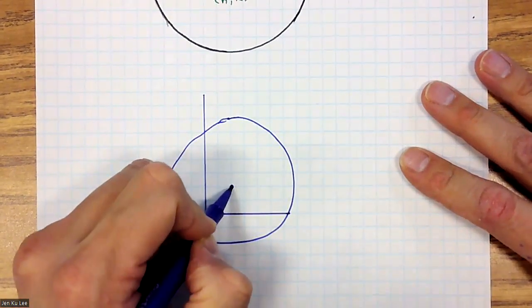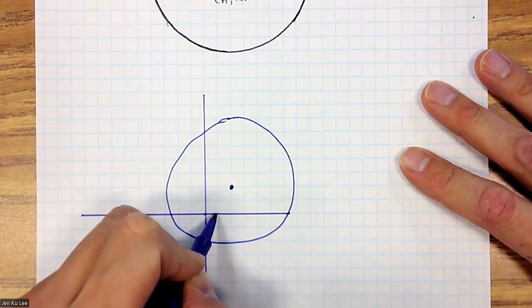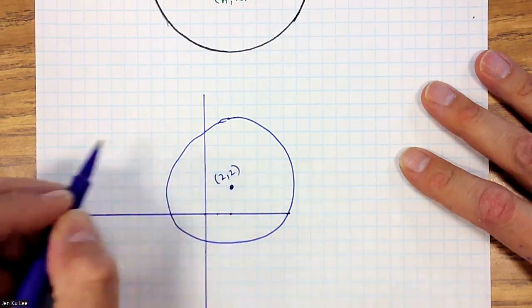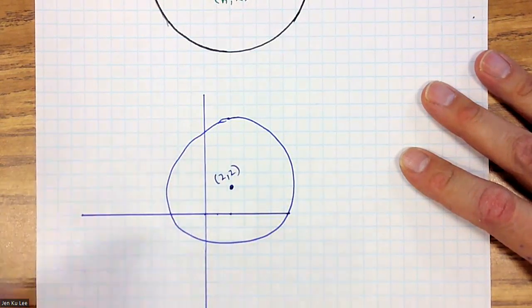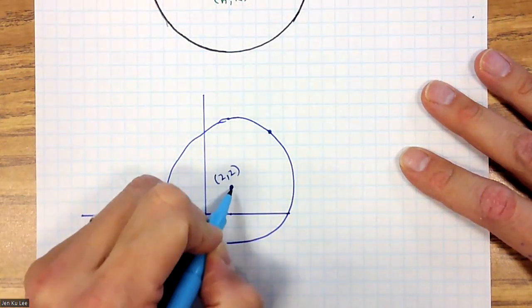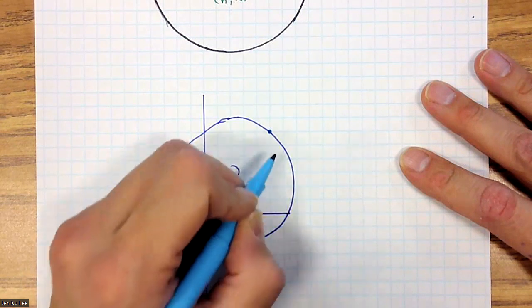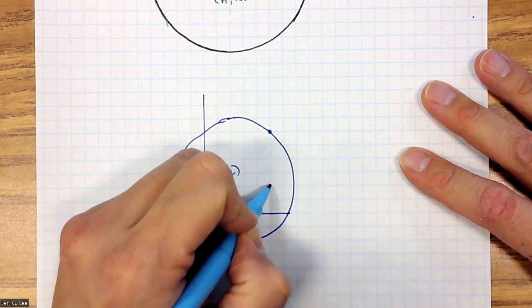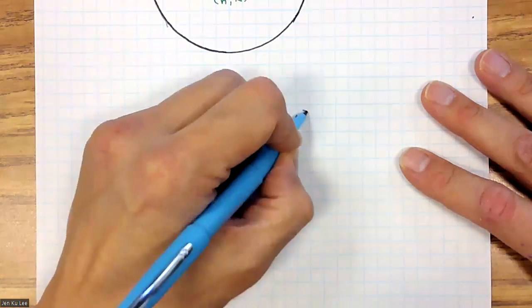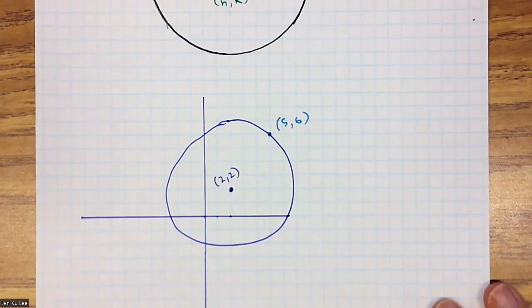So this point, my center, is 2, 2. Okay. This point here is 5 comma 6. All right.